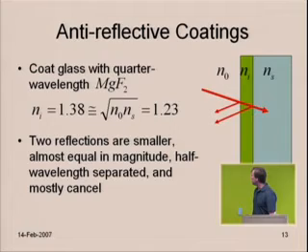The other problem is that there really isn't a good material with an index of refraction at the geometric mean, which is 1.38. The most commonly used material is magnesium fluoride, which has an index of refraction of 1.23. It's a great material. It's nice and hard, but it doesn't get rid of all the reflection. A single quarter wave coat of magnesium fluoride leaves you with about 1% reflection, which is a lot better than 4.